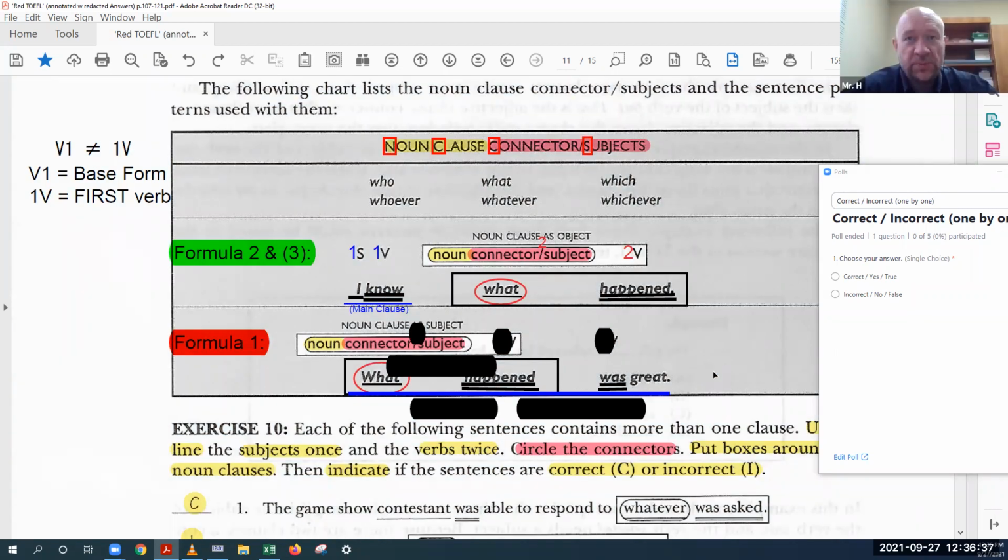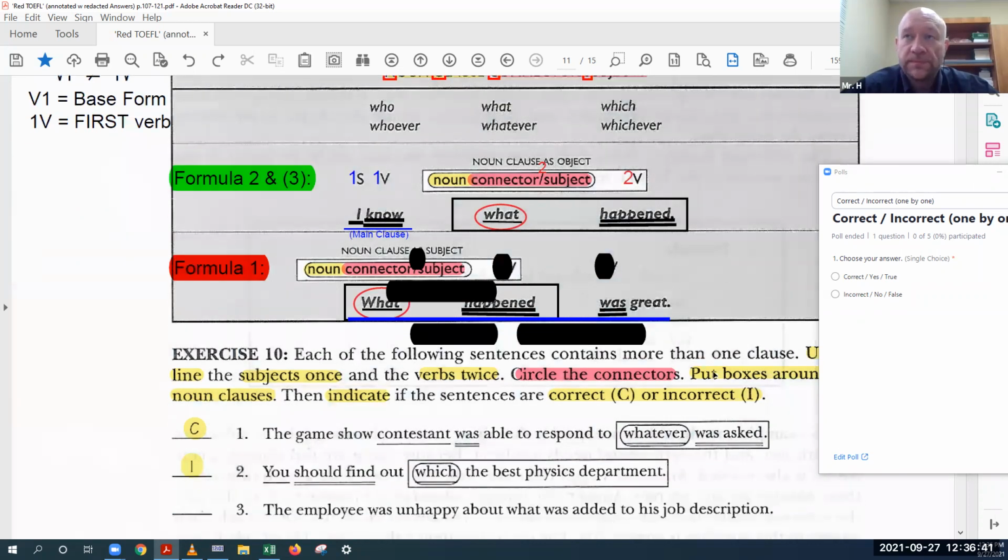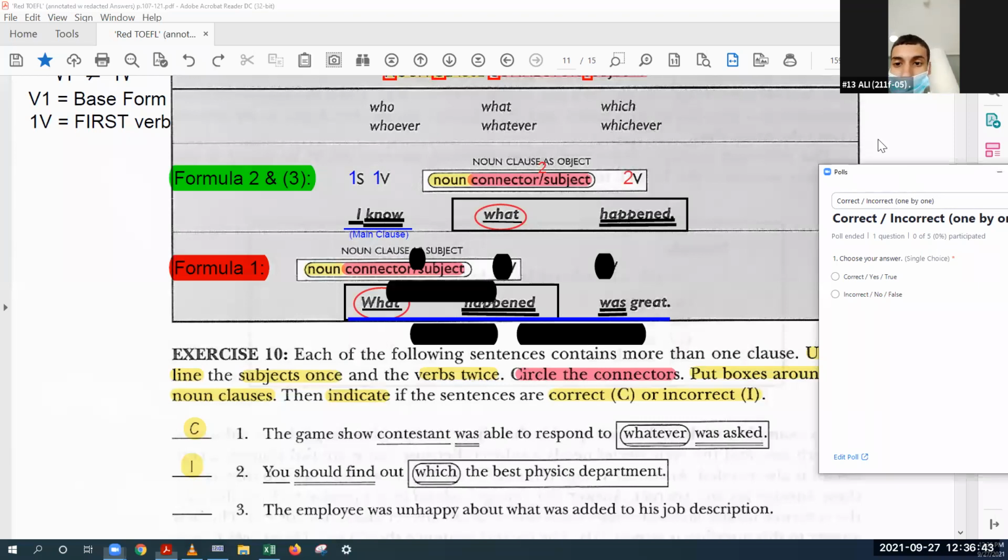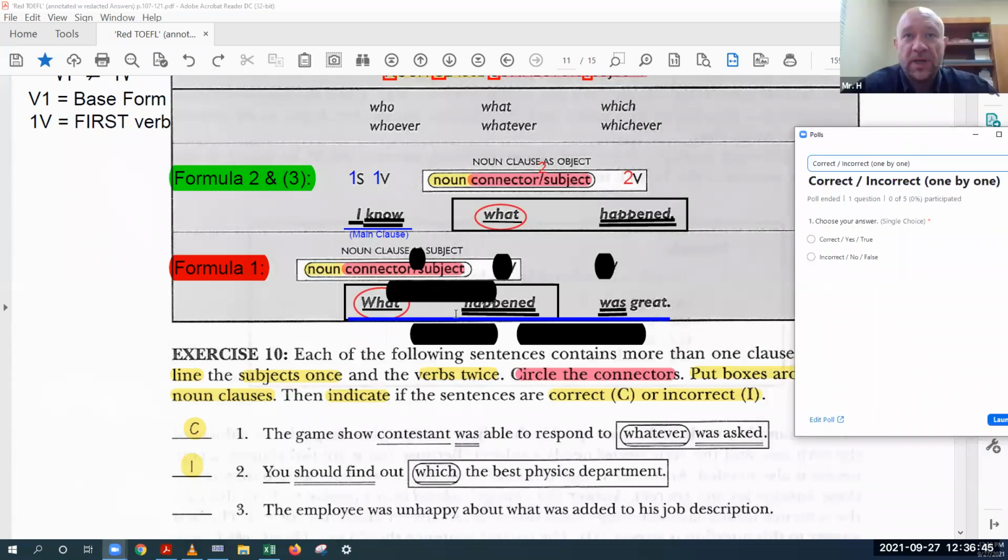Can you explain it? Use the formula, Formula One. Use the formula and explain the words, please. Let's start. Find the first verb, the main verb from the main clause.